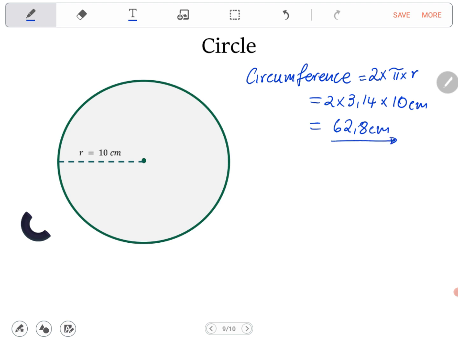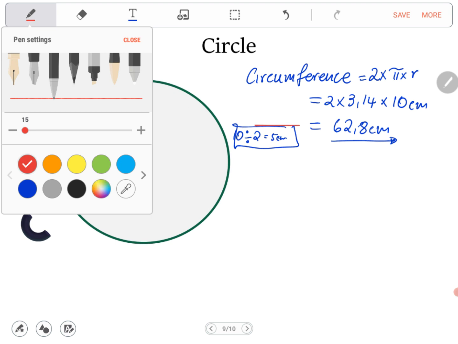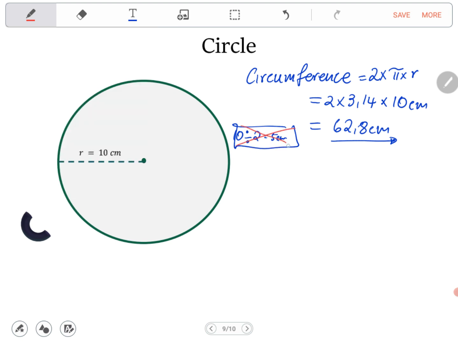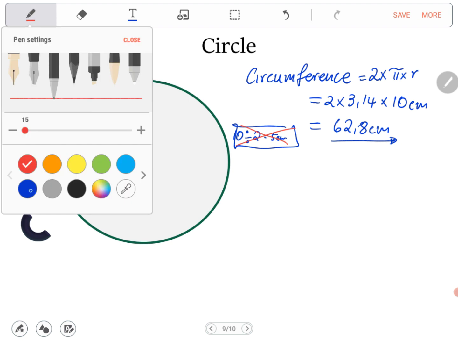All right, so we do not have to take this 10 centimeters and divide it by 2 to get 5 centimeters. We don't need to do that because then we will be messing up. We have the radius, we use the radius. If we are given the diameter, that's when we can divide by 2 to get the radius, because most of our calculations will require the radius instead of the diameter.